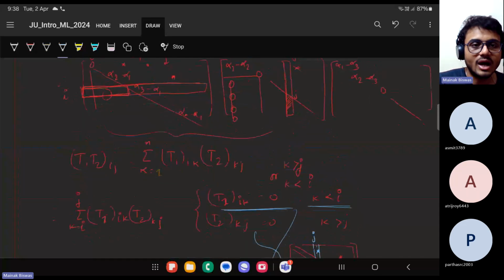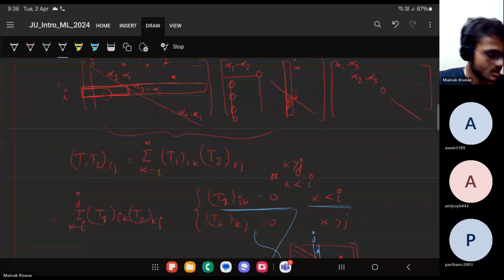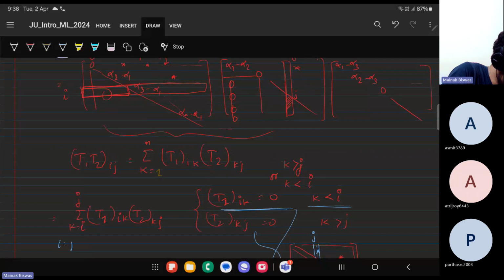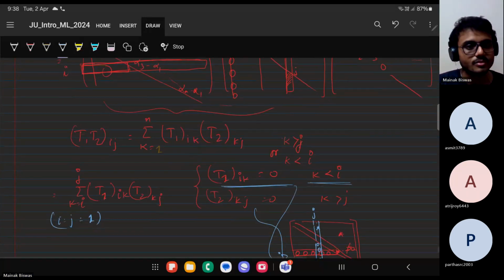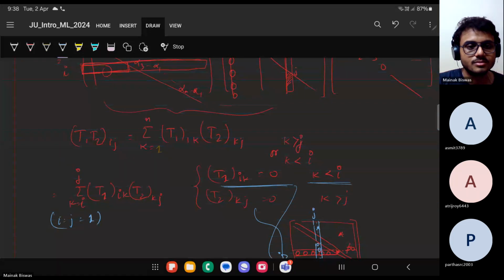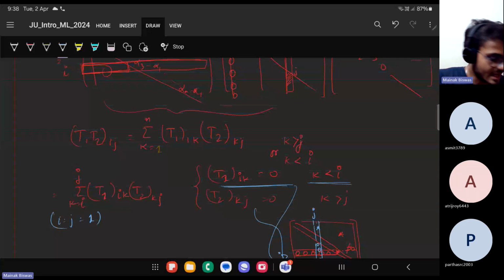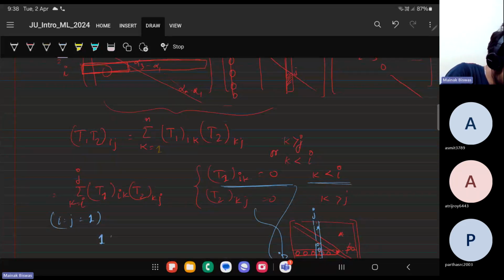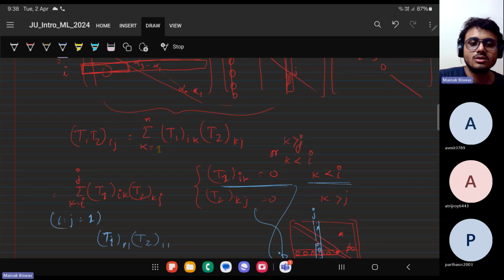If your i is 1 and j is 1, what will you get? If i equal to j equal to 1, you will get T1 11 into T2 11, yes or no?